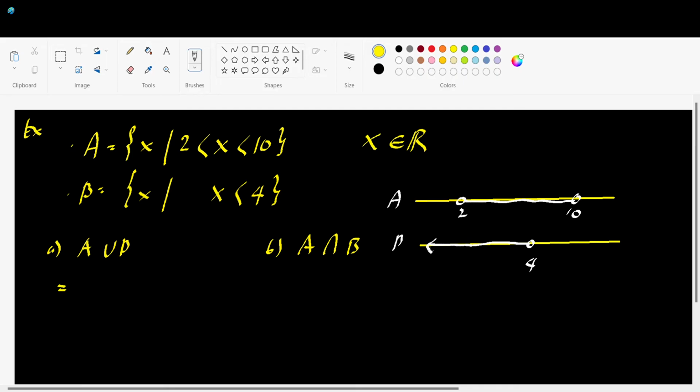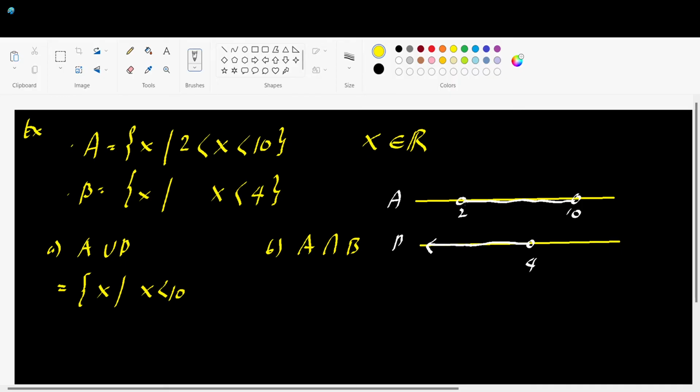So it is quite obvious that the union will be the set of all x's such that x is less than 10. Do you see that? Numbers less than 10.